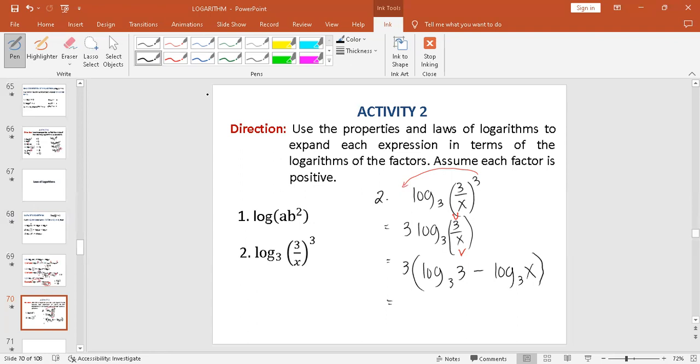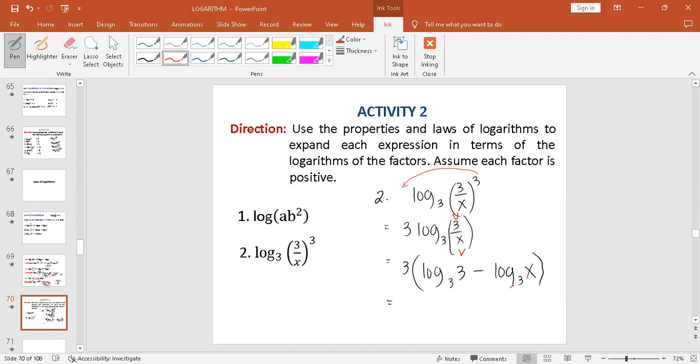So, try natin, class, i-simplify. Kasi hindi naman pwedeng i-expand pa yung kada term. Diba? After nating i-expand yung whole term, titingnan natin yung kada term kung pwede pang i-expand. Pero hindi naman na pwedeng i-expand pa yung kada term.